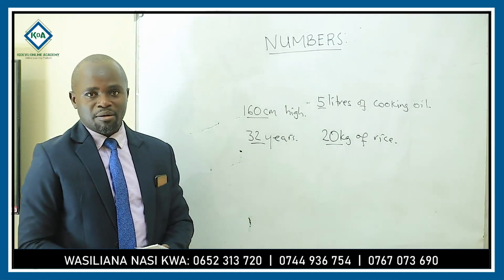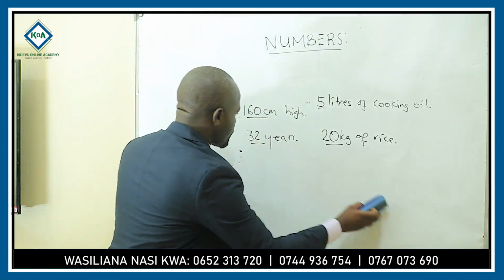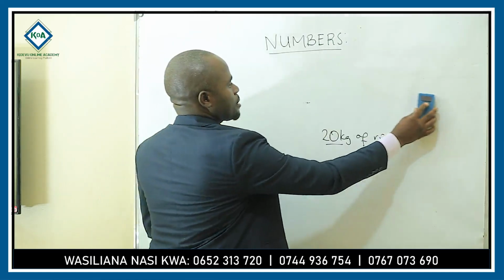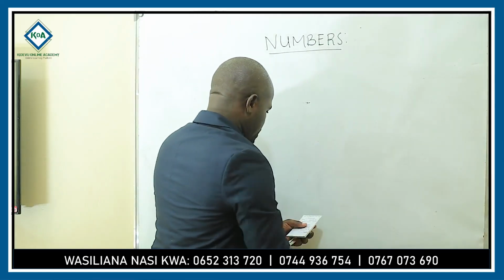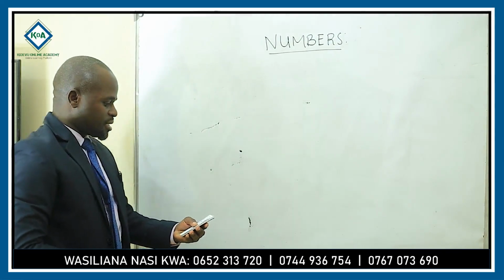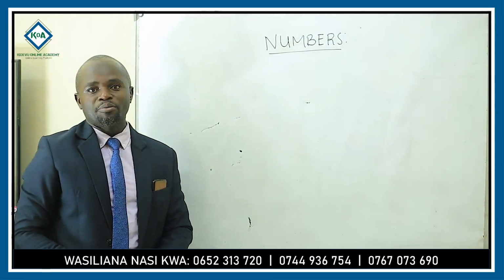Now, what is a number? By definition, if we speak about number, this is a mathematical object that represents quantities or measurements.